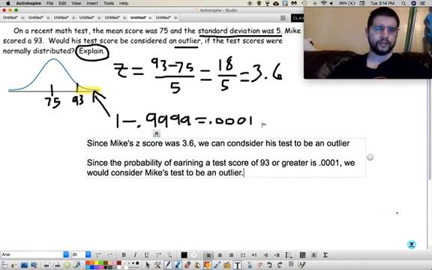Something to that effect. So the main thing is talk about the z-score and or talk about the probability. If you look at these two values, you can definitely say that this guy's out there.